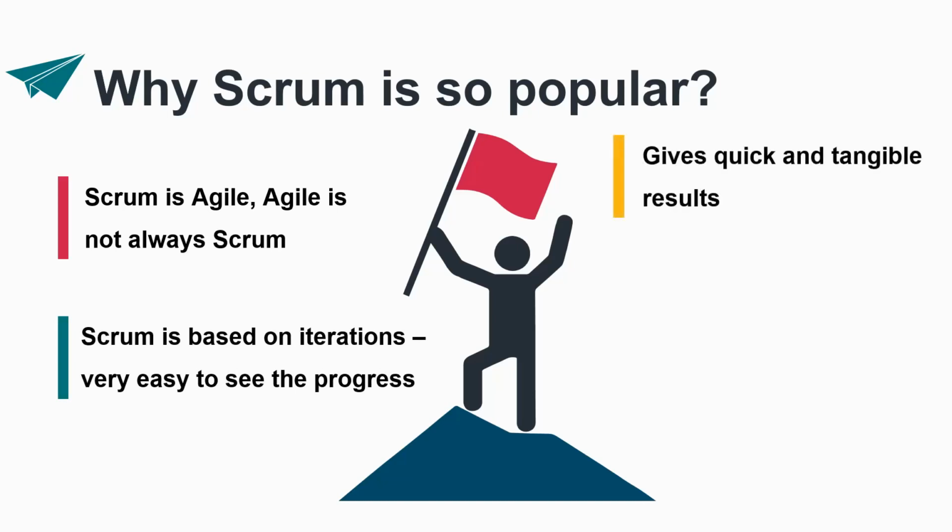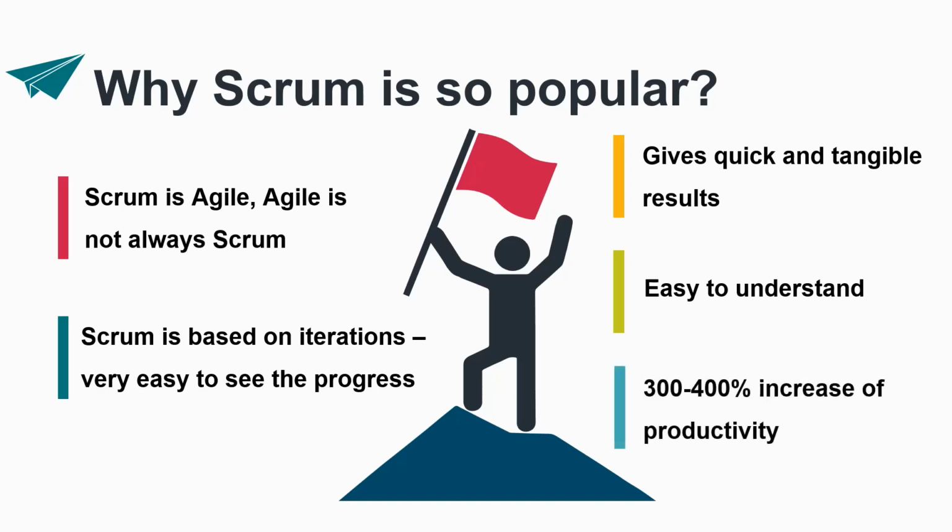It gives you quick, visible, and tangible results. And it's very easy to understand. There is a study done saying that Scrum increases productivity of teams on average by 300 to 400%.